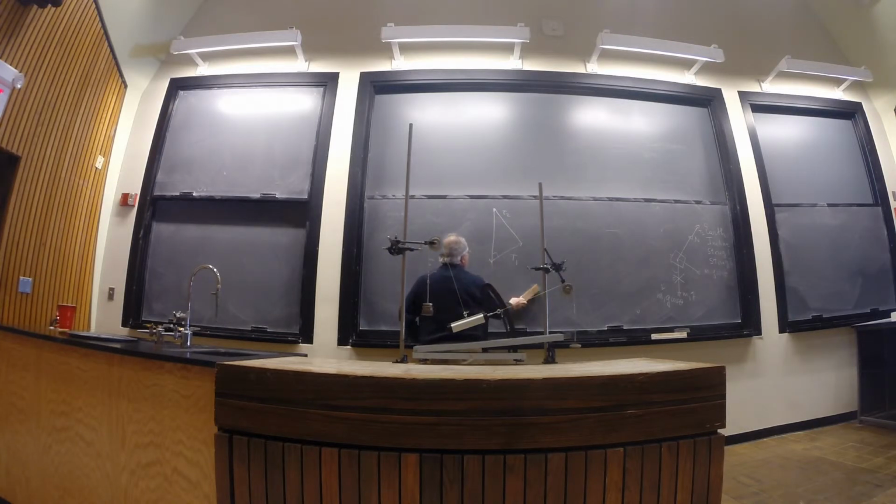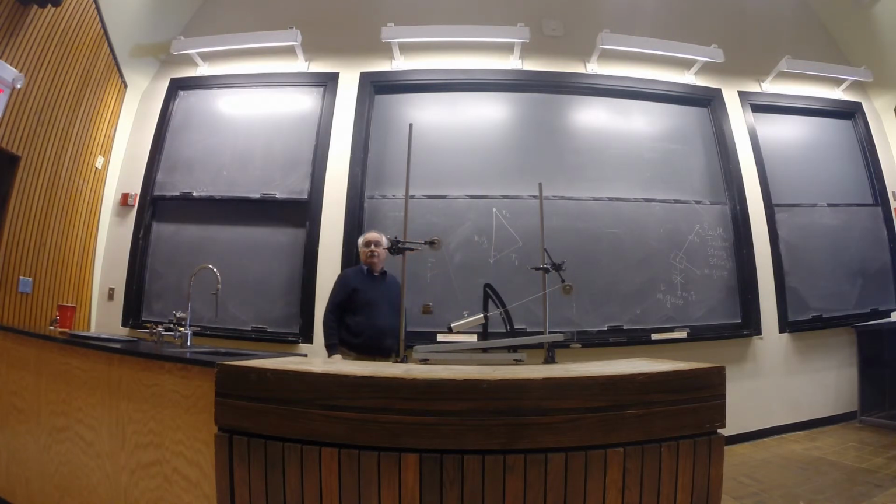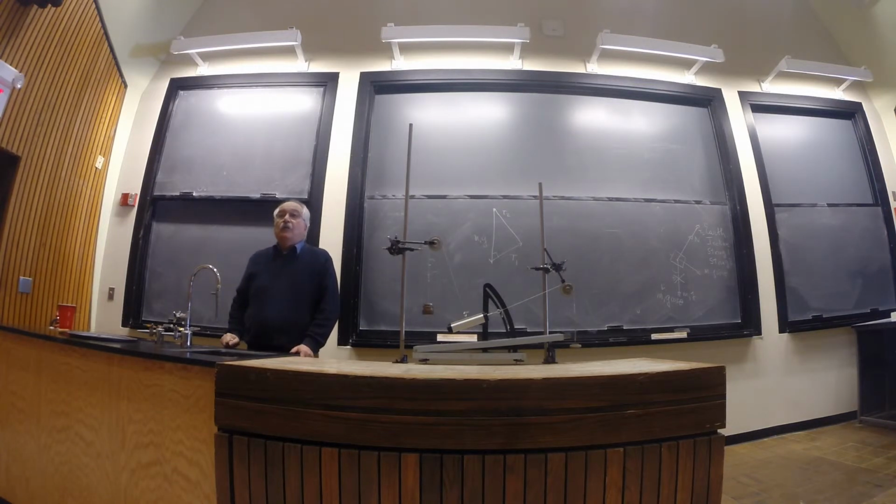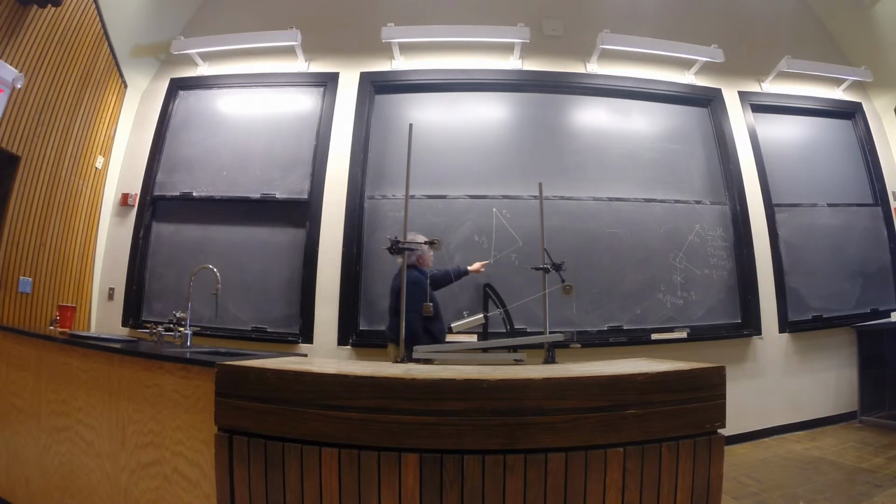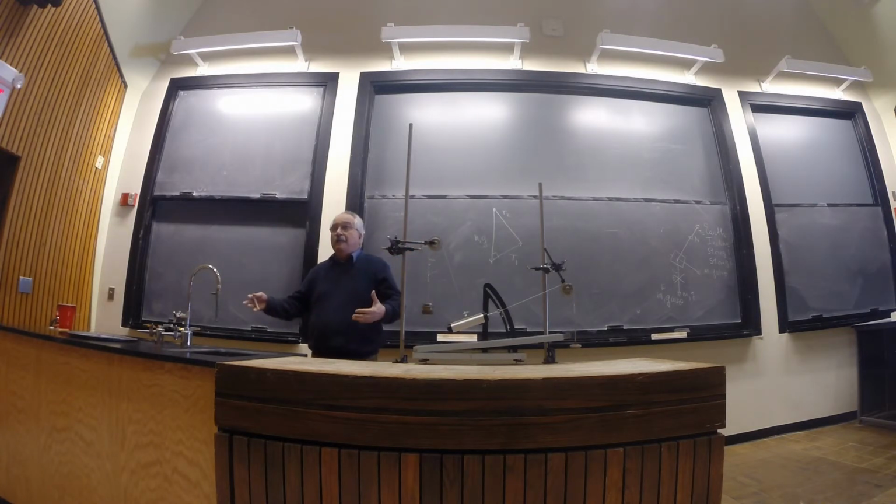And this is another diagram of the same thing. It has to be a closed triangle because the sum of these vectors is 0. I start here, I go by an amount T1, I add T2, I add mg down, and I end up where I started from. That is 0.